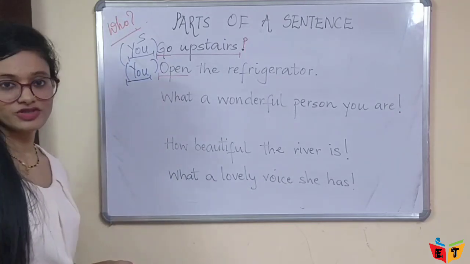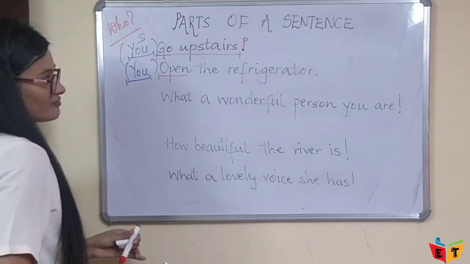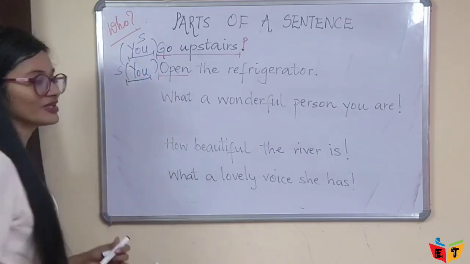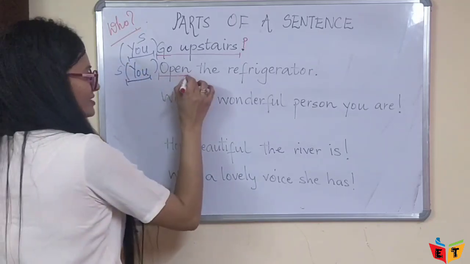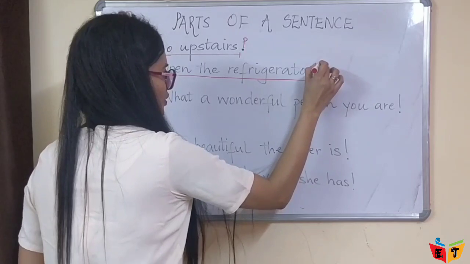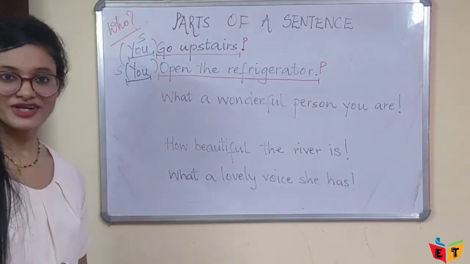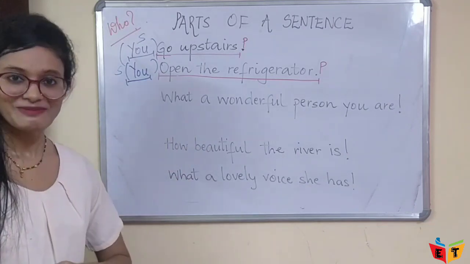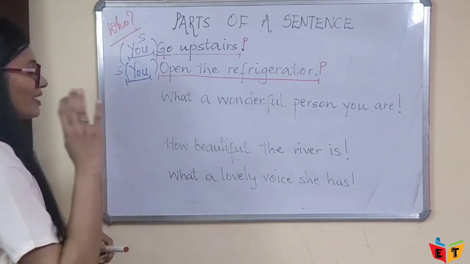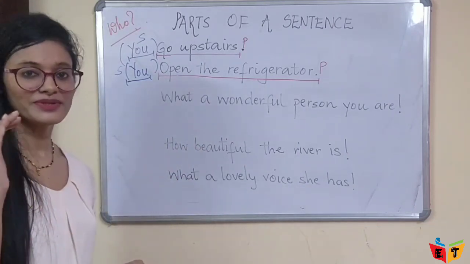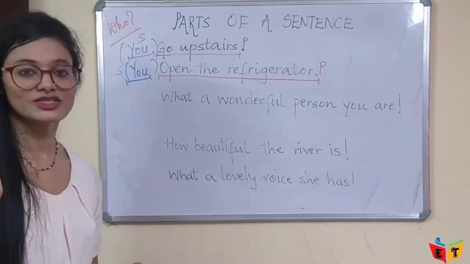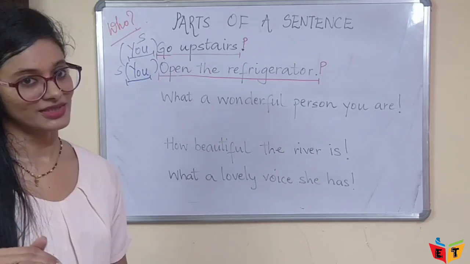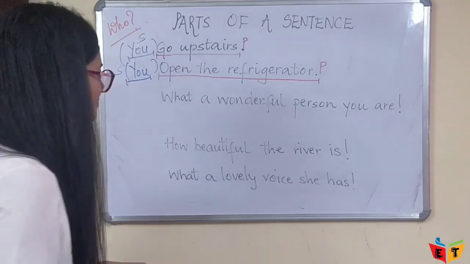You open the refrigerator. So the answer that we get for the question who is you. So you is your subject here and the rest of the sentence is your predicate. I'm again repeating here that if in imperative sentences the subject is not mentioned, then it's understood that the subject is you.